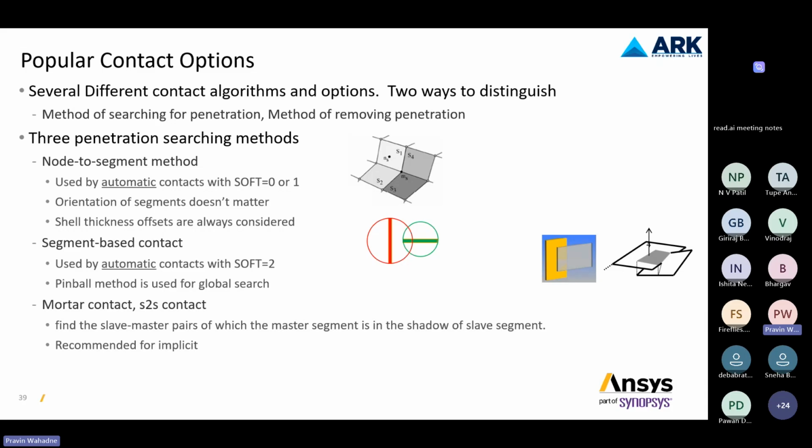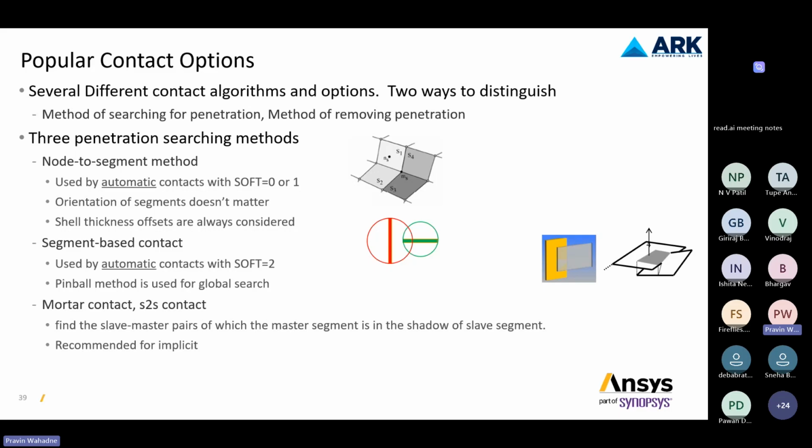Single surface means having self contacts. Automatic general purpose contacts are more robust as compared to single surface, but single surface is faster, because automatic contact also uses the edge to edge contact technique. So it depends on what sort of contacts you are following, but there are several contact algorithms.